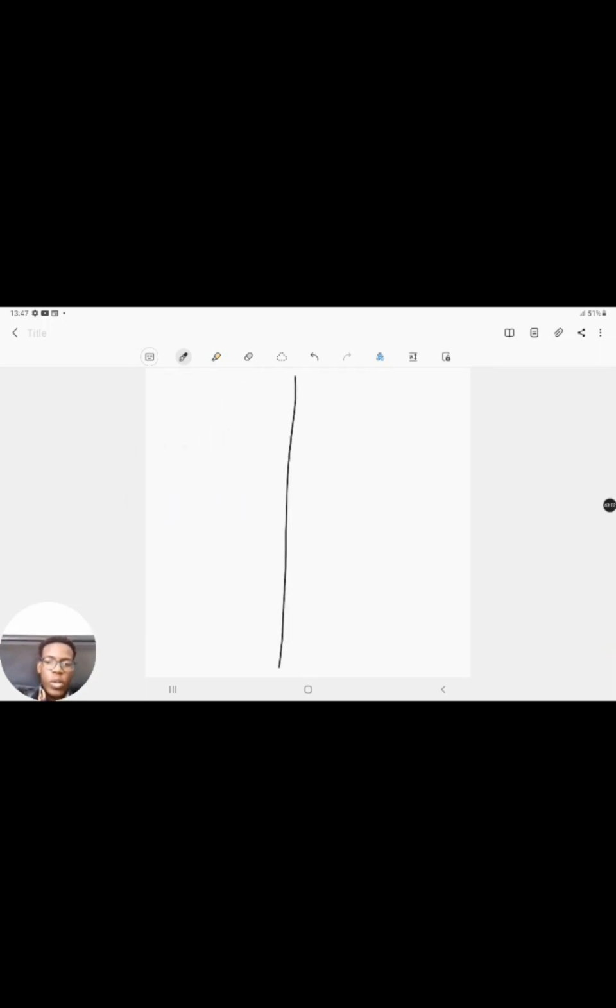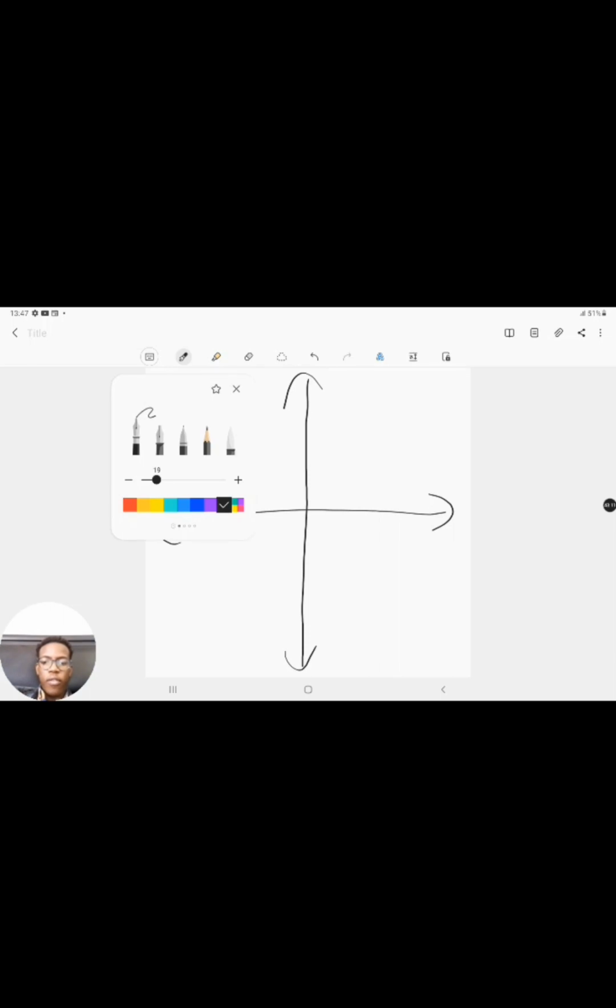See how you work your way to the final product using bits and pieces of the graph. So your final graph will look like that.